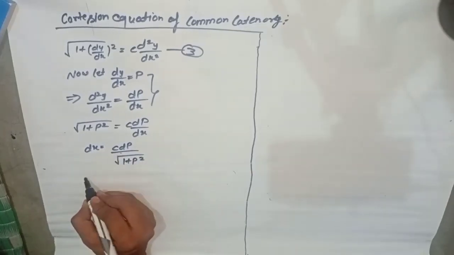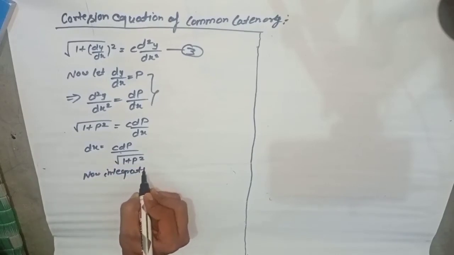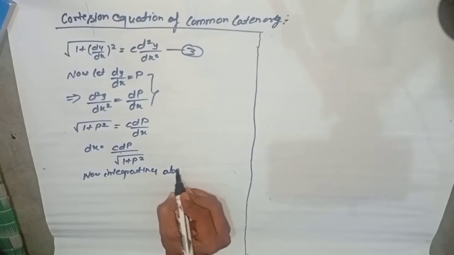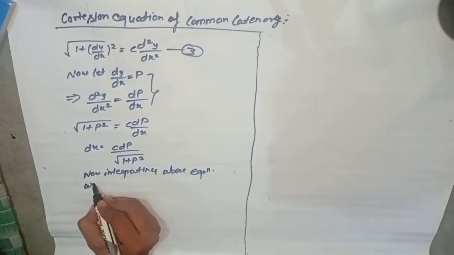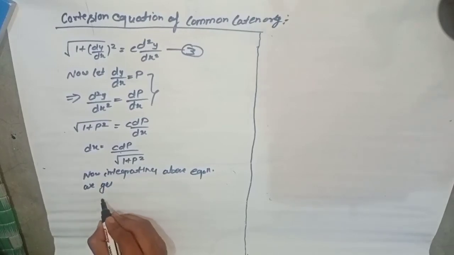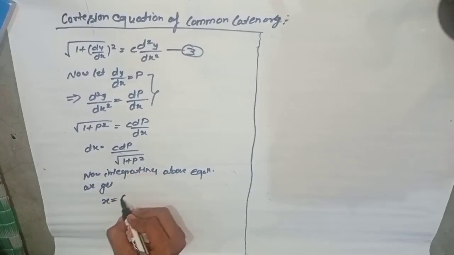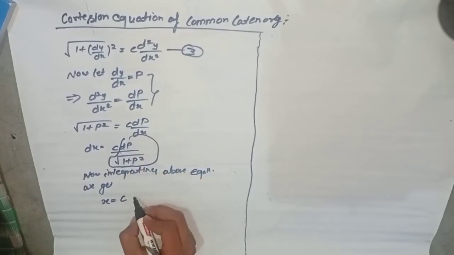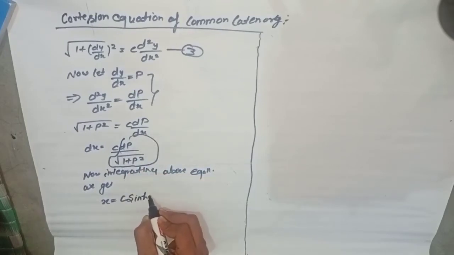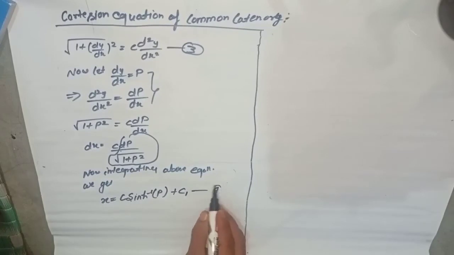Now integrating the above equation, we get x equal to c, which is constant and comes outside, and the integration of dp upon under root 1 plus p square is sine hyperbolic inverse p, plus c1, the integrating constant. Now this is equation 4th.